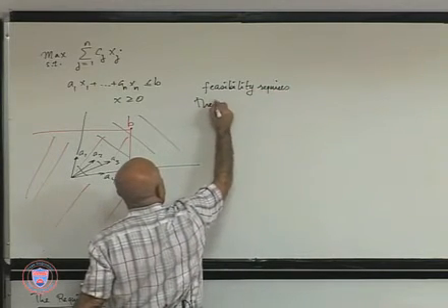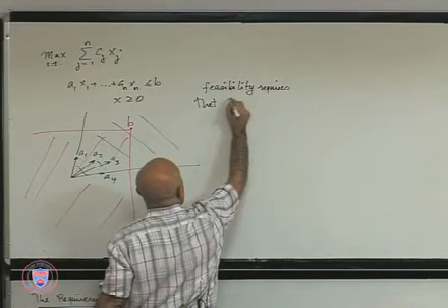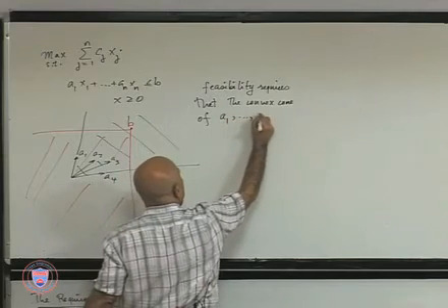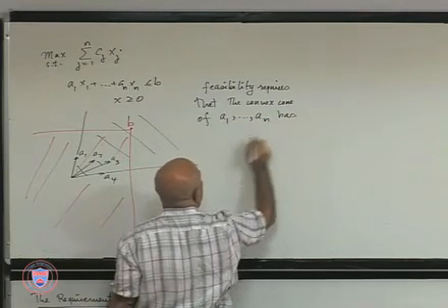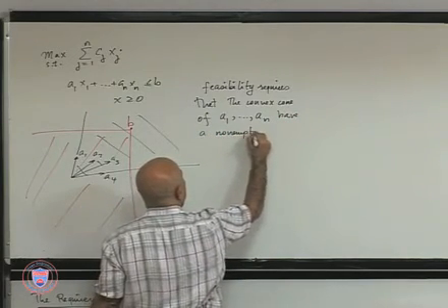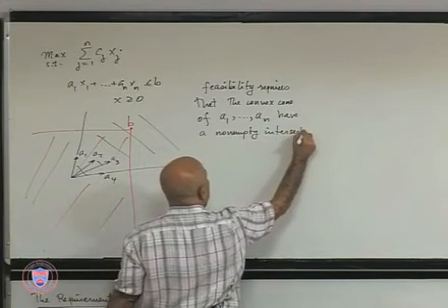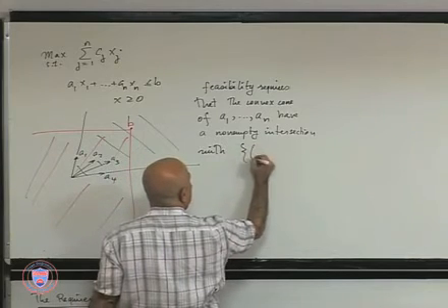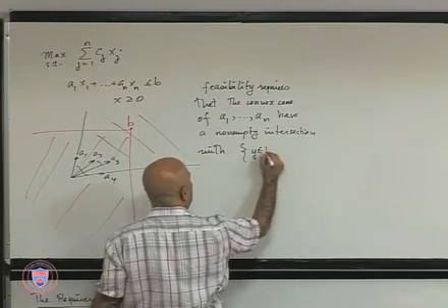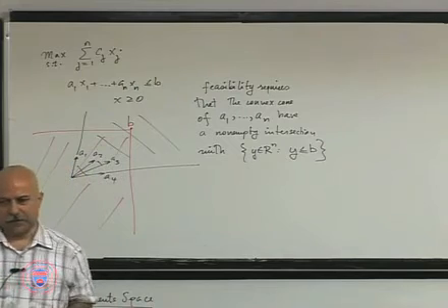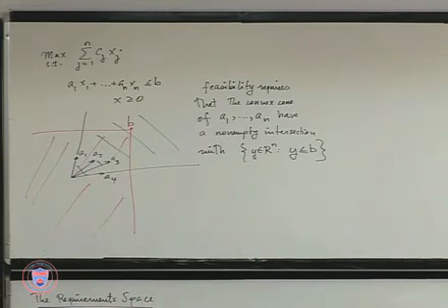requires that the convex cone of A1 through AN have a non-empty intersection with the set of points y in Rn, where y is less than or equal to b as a vector, or each component of y is less than or equal to the corresponding component of b.